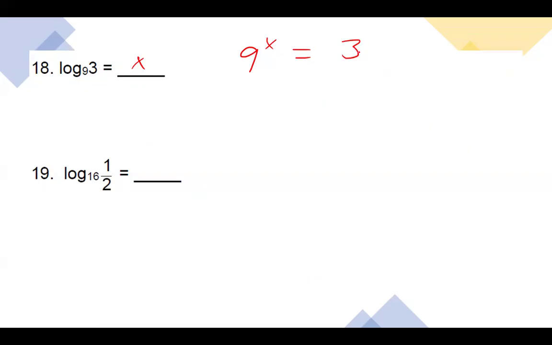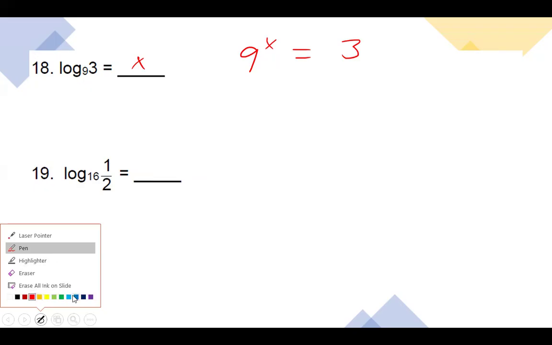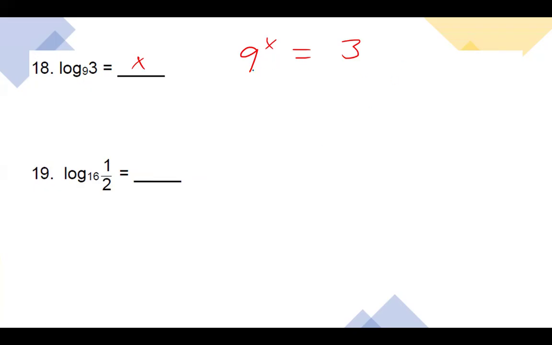When it becomes a tough one, you're going to ask yourself, how can I change 9 to a base of 3? How can I change 9 so that it has a base of 3? Or how can I change both of them so they have the same base? Well, 9 is the same thing as what? There you go, 3 to the second.